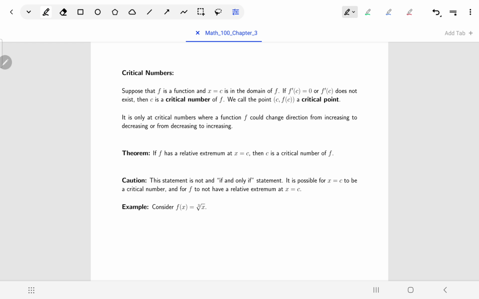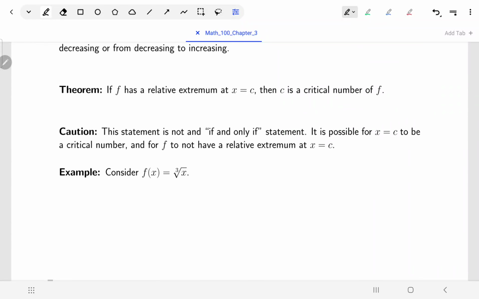A good example of that is the function y equals cube root of x. If you were looking at the derivative of cube root of x, which is x to the 1/3, you'd find that the derivative is 1/3 x to the negative 2/3, or 1 over 3 x to the 2/3.